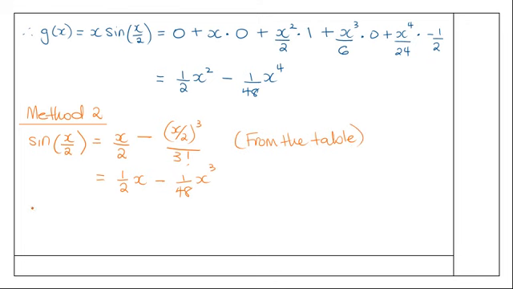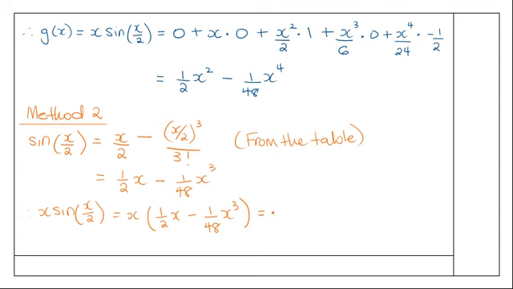Now, because we want x sine of x over 2, x is already a polynomial. We're going to replace this with its polynomial series, or the Maclaurin series to be more specific. So this is x times half x minus 1 over 48 x cubed.